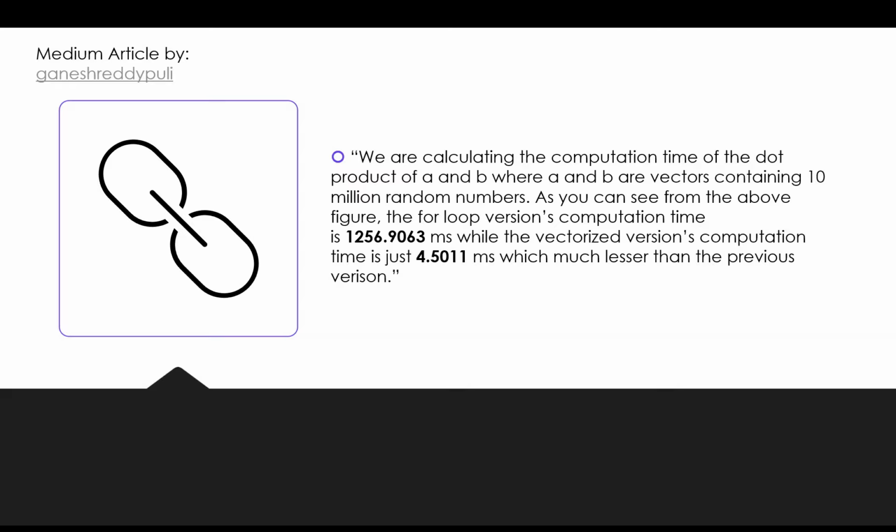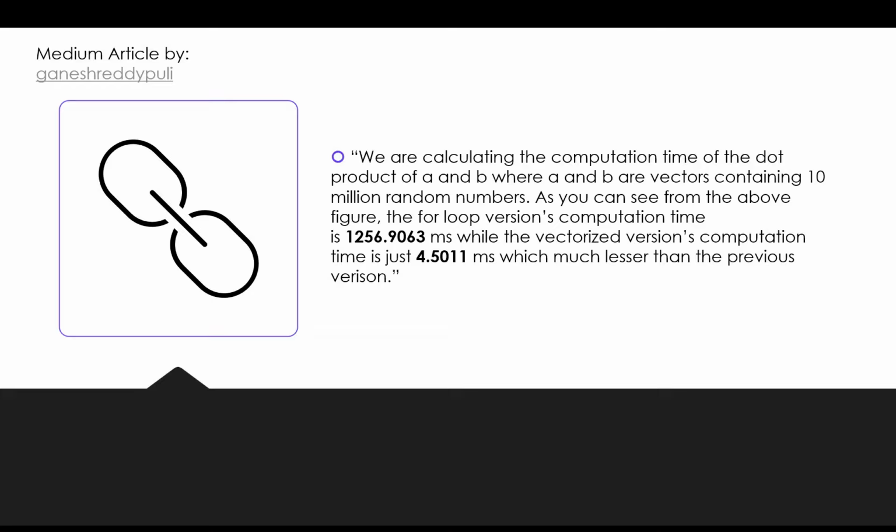And that looped version is where you say, for record 1, do this action, record 2, do this action. And that result had a computational time in milliseconds, so not very long, but you can imagine how this multiplies out to bigger and bigger data sets or more and more complex math. With the looped version, it took 1256 milliseconds.